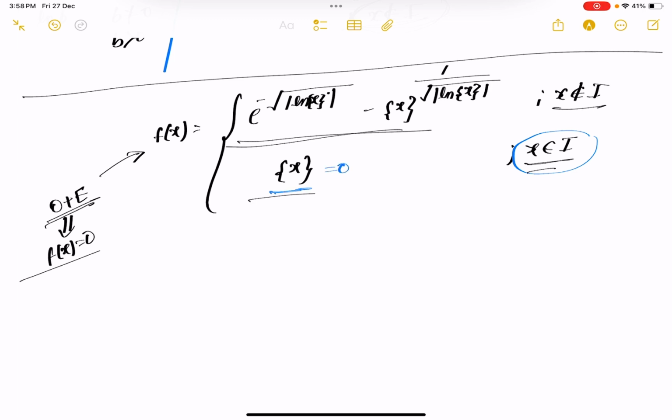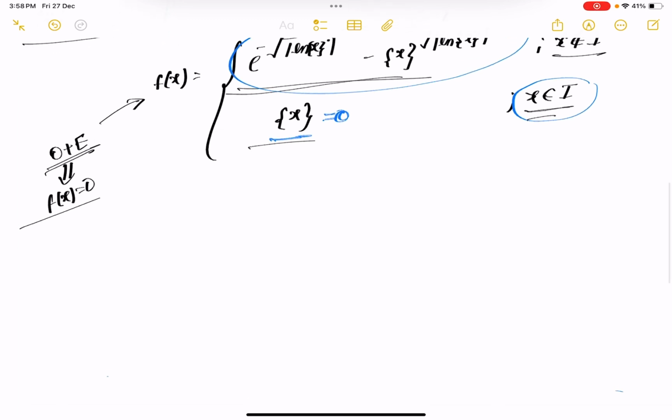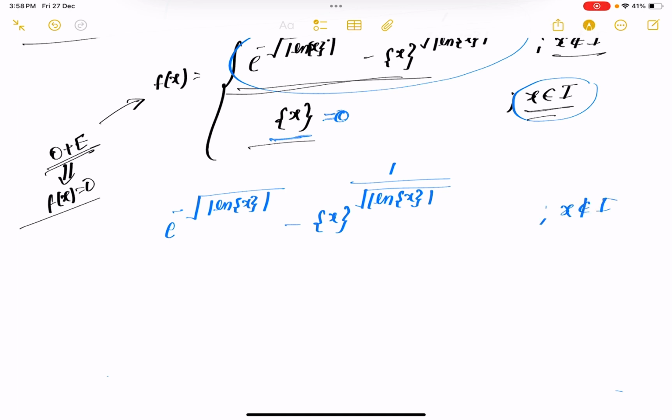It is 0. So can I say this becomes 0 already? Now I have to prove this should also be 0. So let's find out whether this is 0 or not. So e to the power mod of ln of the fractional part of x, minus the fractional part of x, 1 by square root of mod of ln of the fractional part of x. I have to find that when x does not belong to integers, this value should also be equal to 0. Then only I can say this is odd as well as even.